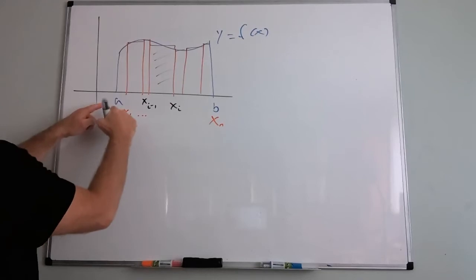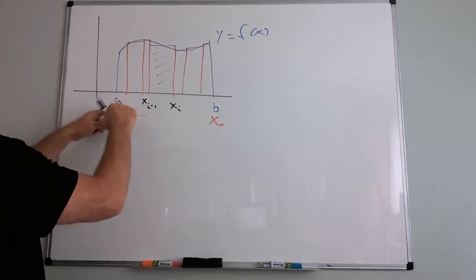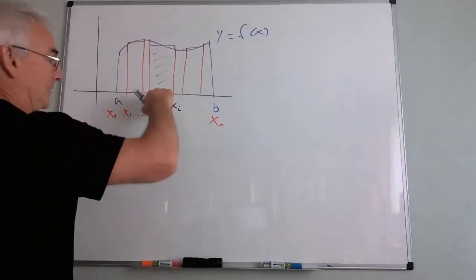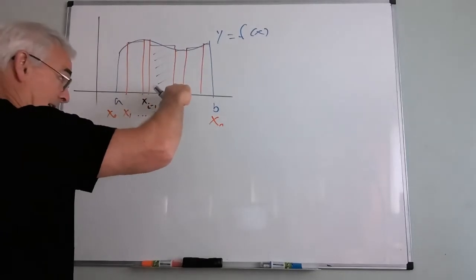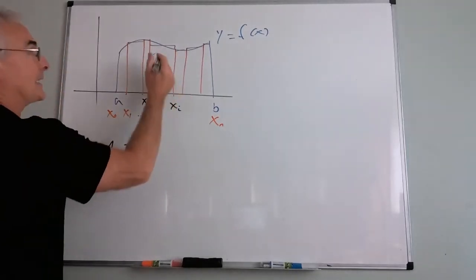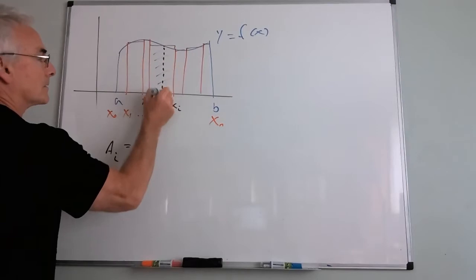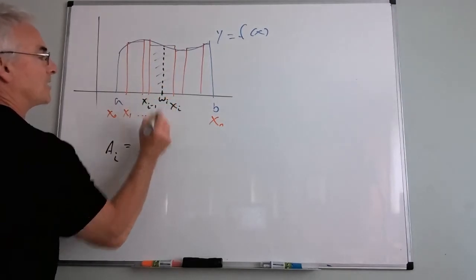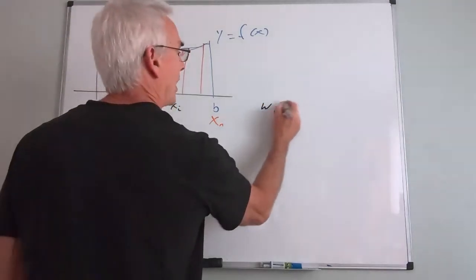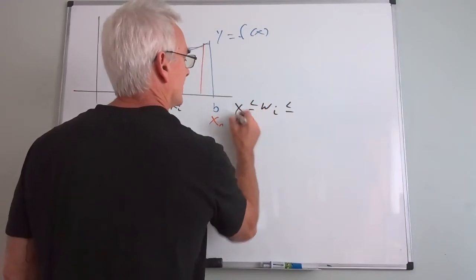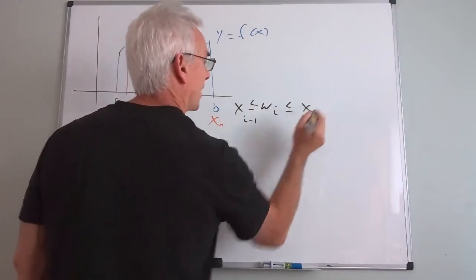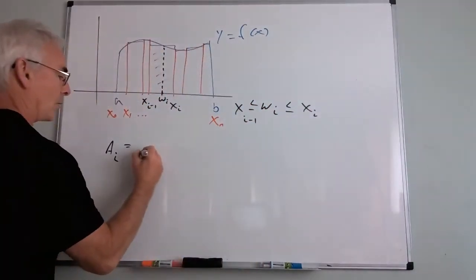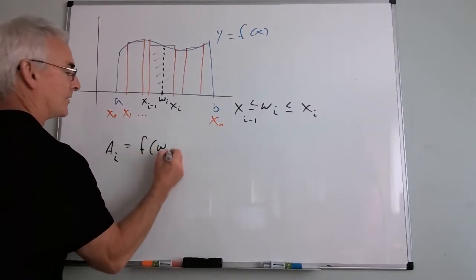The first rectangle goes from x0 to x1, the second goes from x1 to x2, and so on. The ith one goes from x_{i-1} to x_i. If I take that height, which we generally called w_i, where w_i was between x_{i-1} and x_i, then I said that area was the height of f of w_i.